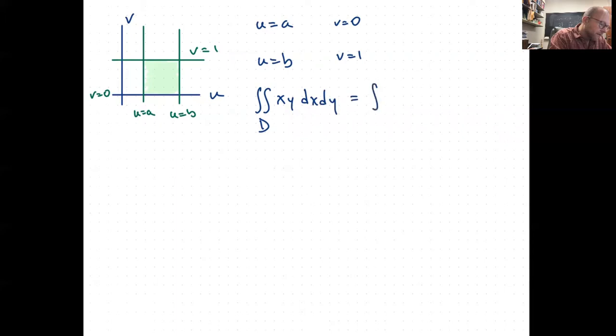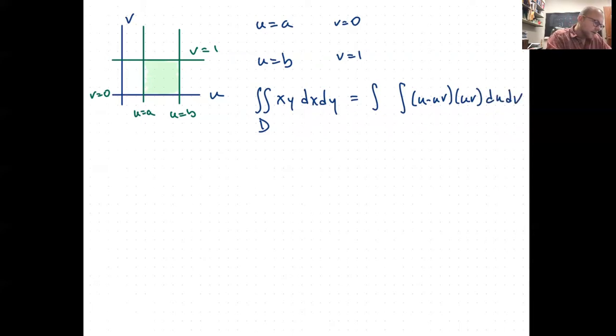And then I've got to do another integral here, and I've got to think about what xy would be. x we said was u minus uv, and y was uv. And now we're going to say du dv. It doesn't matter what order because it's rectangular.